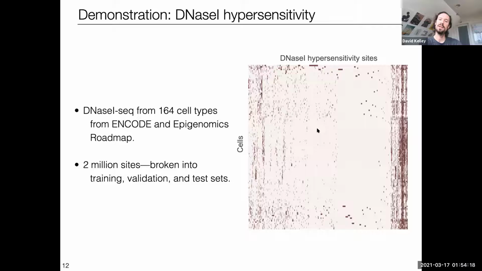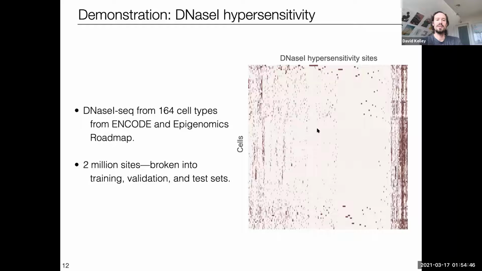And you can see from this matrix that although there are a bunch of sites that are pretty consistently accessible across cell types, there's also lots of cell type specific peaks. And we want to be able to learn those. Those are potentially more interesting to some biologists. Some of the consistent ones might be promoters that we know would be accessible, but the cell type specific stuff might be more interesting.